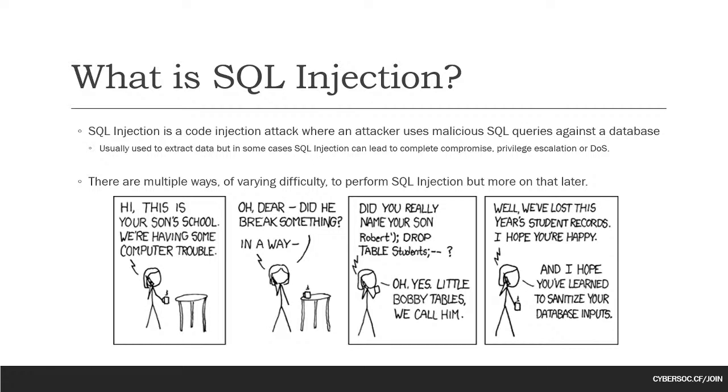We can perform denial of service attacks on a database, escalate privileges once we've compromised the database, or actually, oftentimes databases run with slightly higher privileges than normal, and this can sometimes lead to complete compromise of the underlying system. There are multiple ways to perform SQL injection, and these vary in complexity, but we'll cover that a bit more later. And yes, I did steal this from Comp 207, but it is relevant.